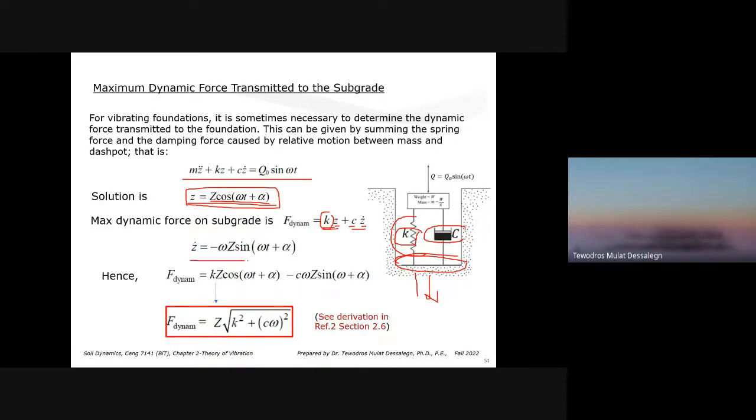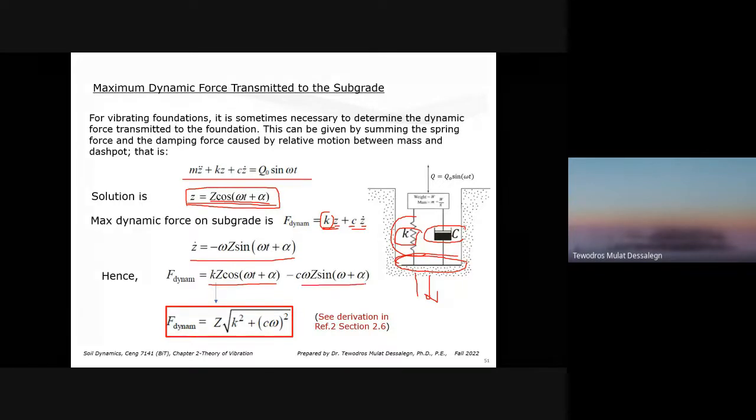This is the velocity, or Z dot, just the first derivative dz by dt. Once you know the velocity, then the max dynamic force is the stiffness force plus the damping force.